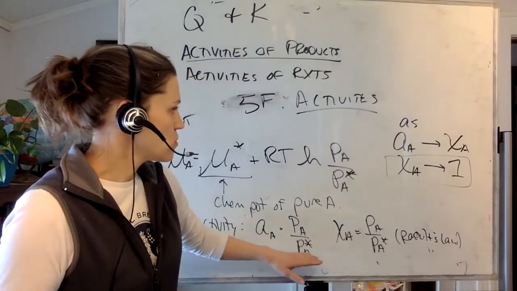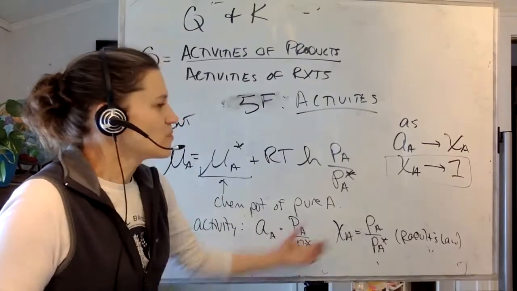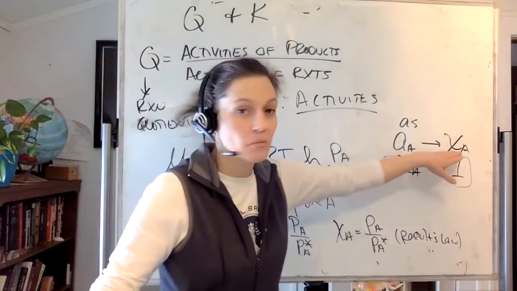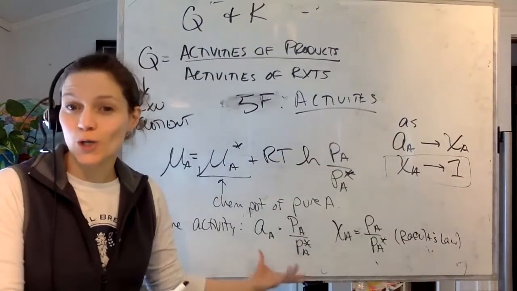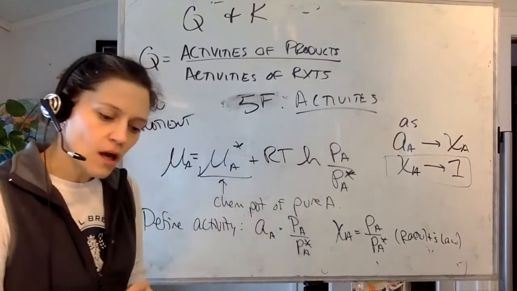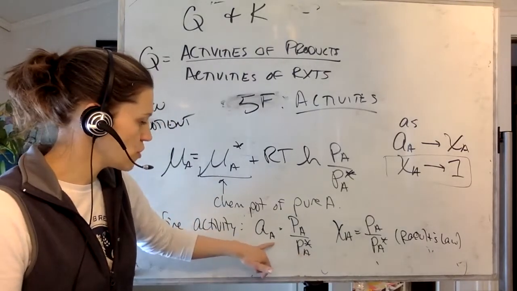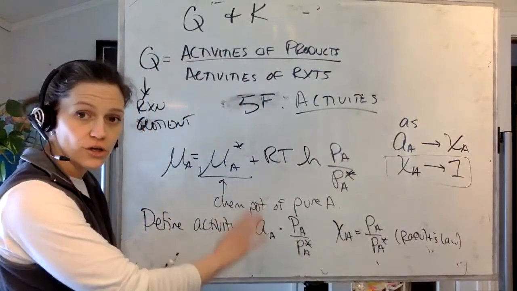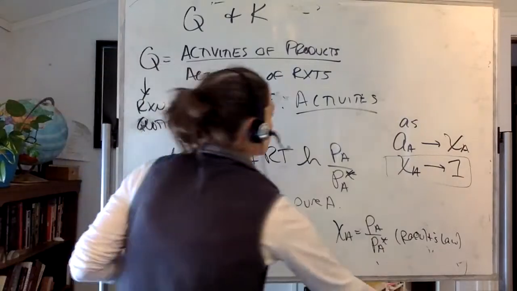So as you have more and more pure A, the activity becomes the mole fraction. It needs to be almost pure A in order for this to be true. And the way that we relate this to concentrations is, this would be for mixtures of two liquids together, because again, these are all in terms of their vapor pressures.